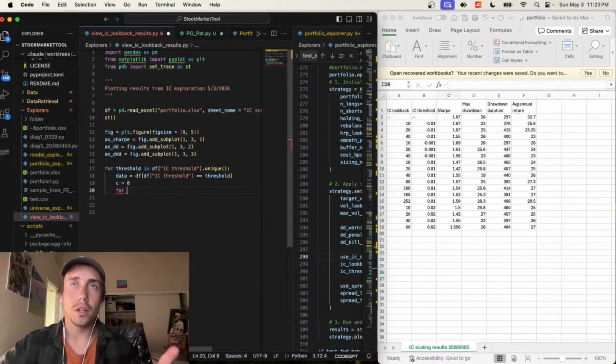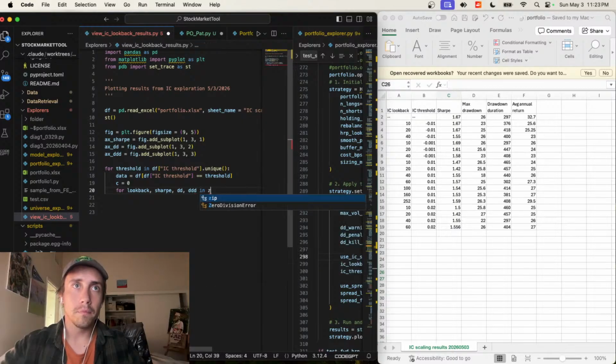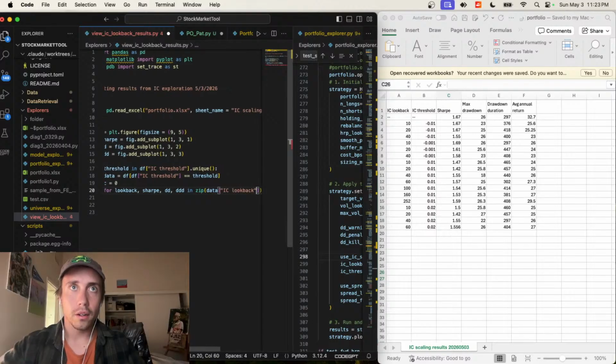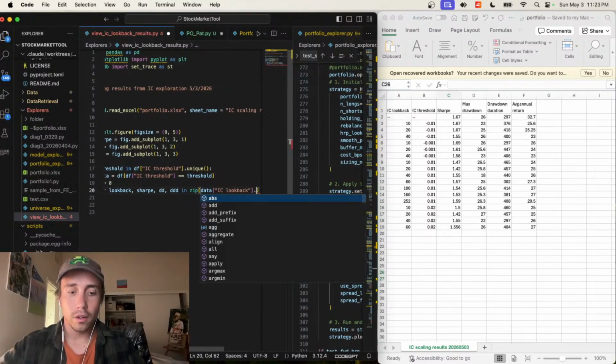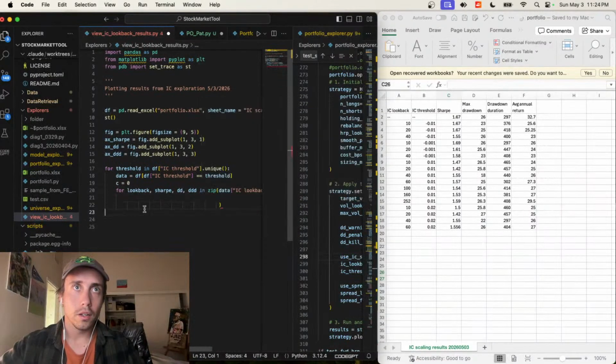So we're doing each threshold. So for look back, sharp, drawdown, drawdown duration in zip data of IC look back dot values. All right, so that's the first thing.